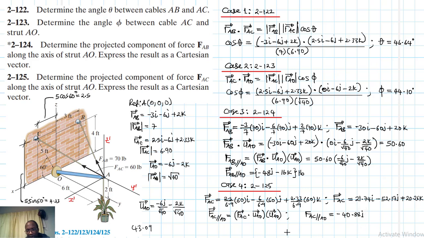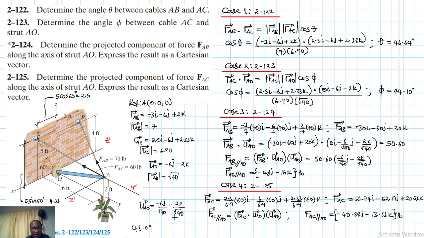We don't have any I. And then we have 43.09 times 2 divided by root of 40. That is minus 13.63k. So all this is pounds. Okay.